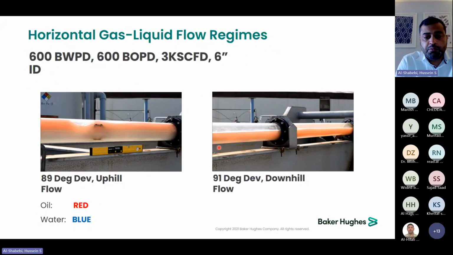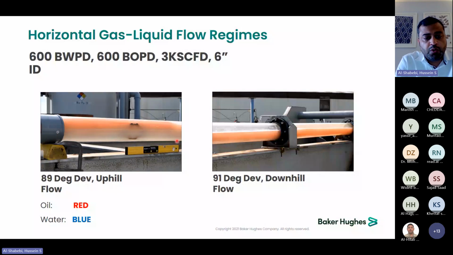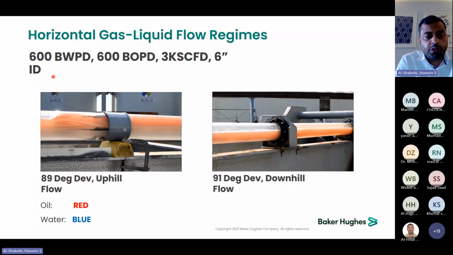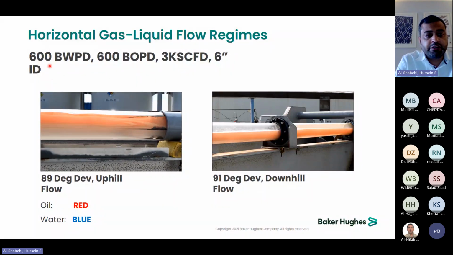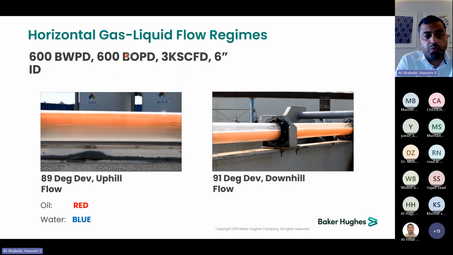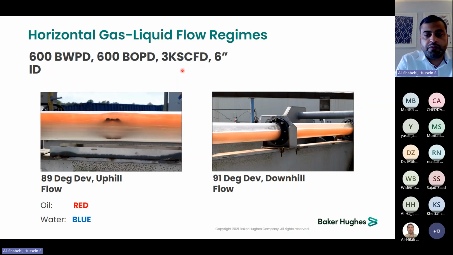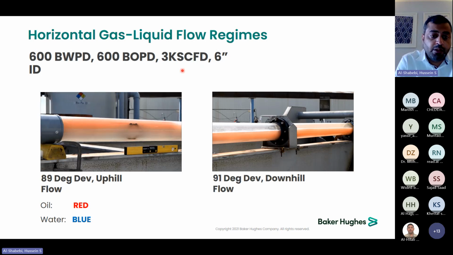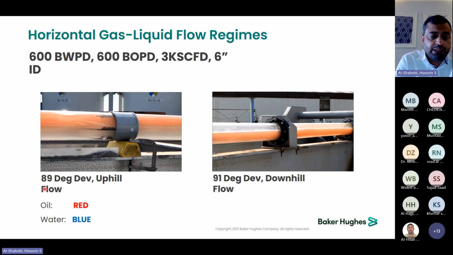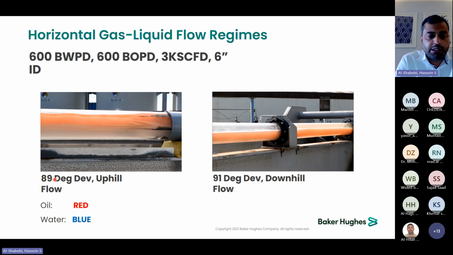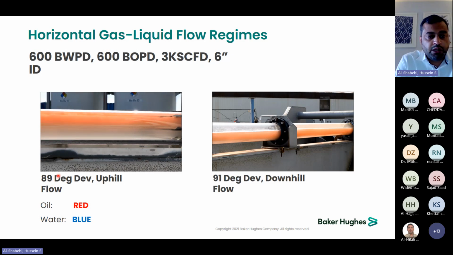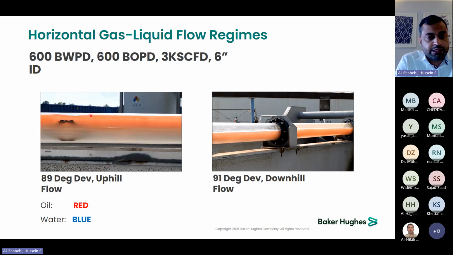Here are another two examples, just to show how things can get complicated. What we have over here is 600 barrels of water with 600 barrels of oil and 3,000 standard cubic feet of gas, of air. As the deviation gets to only 89 degrees, slightly 1 degree from the horizontal, you can see how the air is slugging.